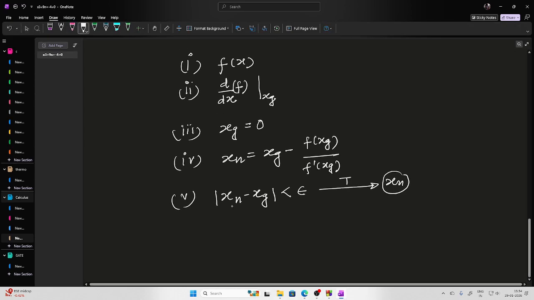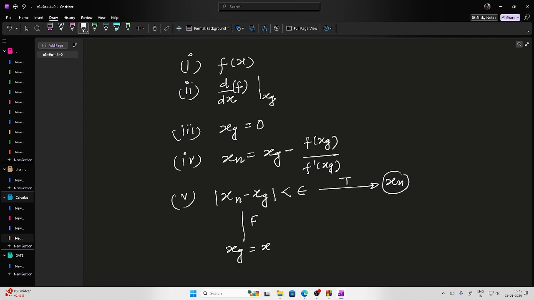If it so happens that this is not the answer, that means we are not getting a value less than epsilon, then you take the new value as the guess for the next iteration and move to step number 4. So in this way, the whole logic works.